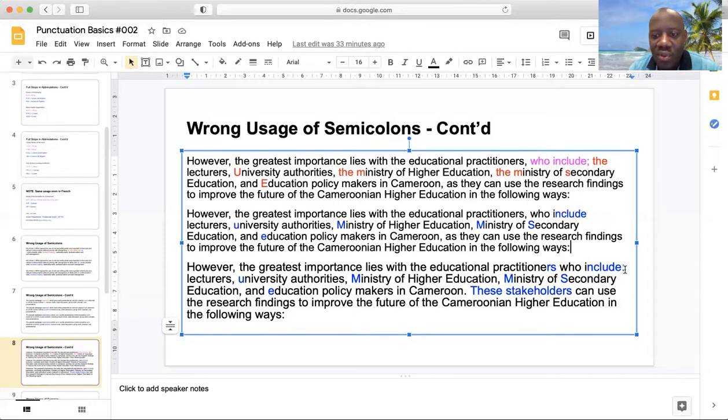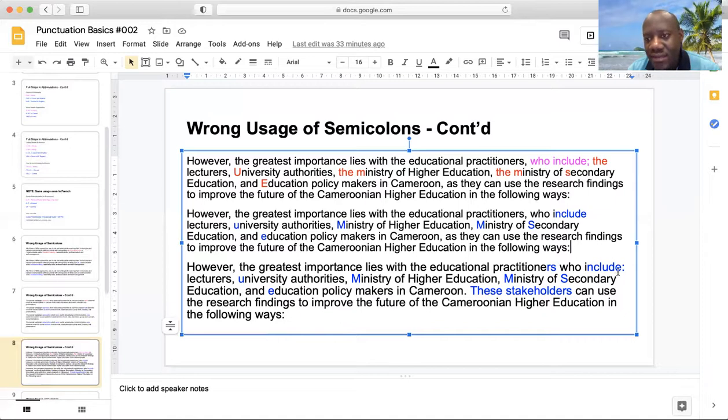But the problem anyway is to note that with this colon here, it would be better even to use a full stop here. Otherwise you have a colon and a colon, like two colons within the same sentence. Sometimes they will be problematic. And the best way would be maybe to use a full stop here.